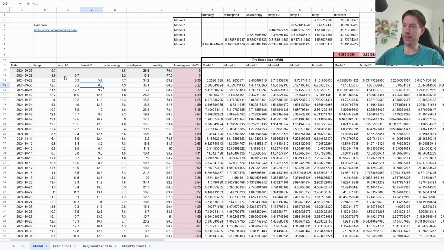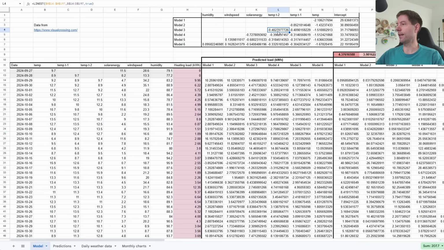So once again, you can see in this column here, this was today's temperature, this was yesterday's temperature, and this is the day before yesterday's temperature. And all I've done is just shift today's temperature by a day each time to give me yesterday's and the day before yesterday's temperature in these columns.